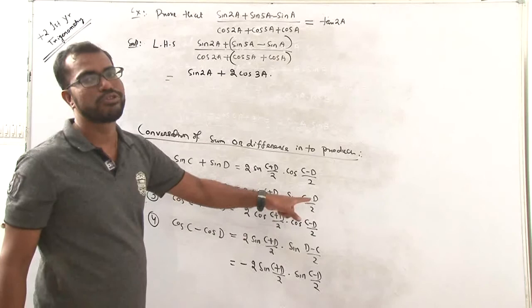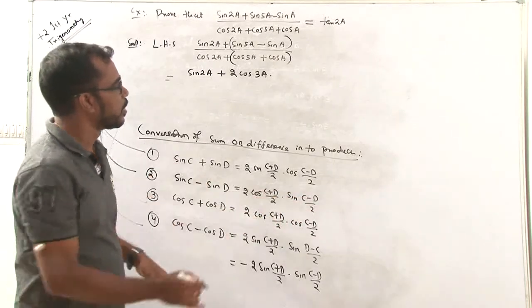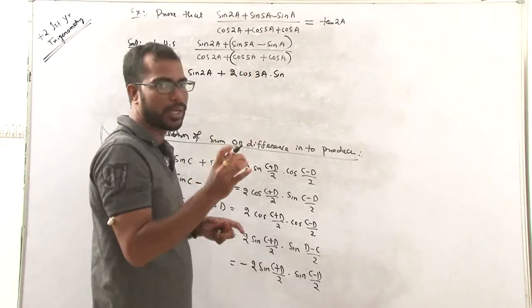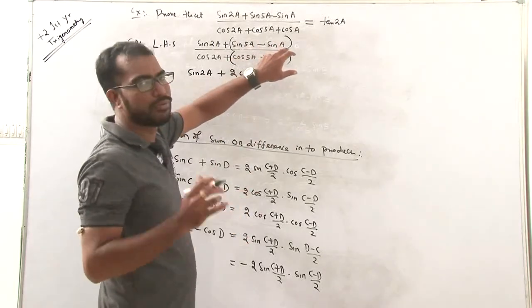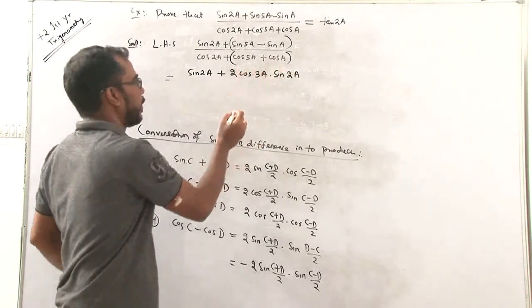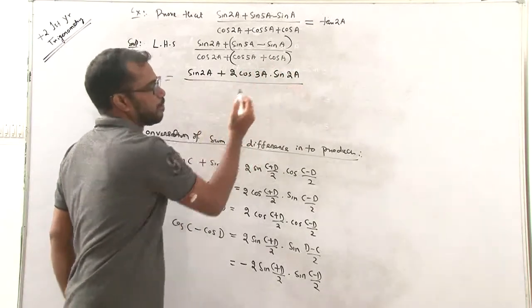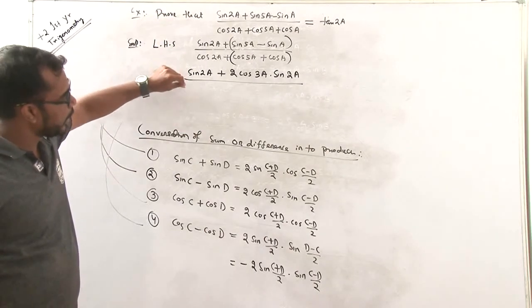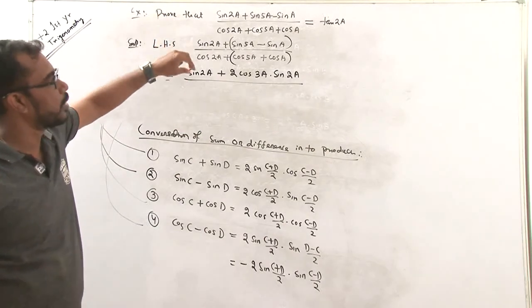Then sin (C minus D)/2, that means we subtract: 5a minus a is 4a, by 2 that is 2a. So sin 2a, and we can express the denominator the same way.